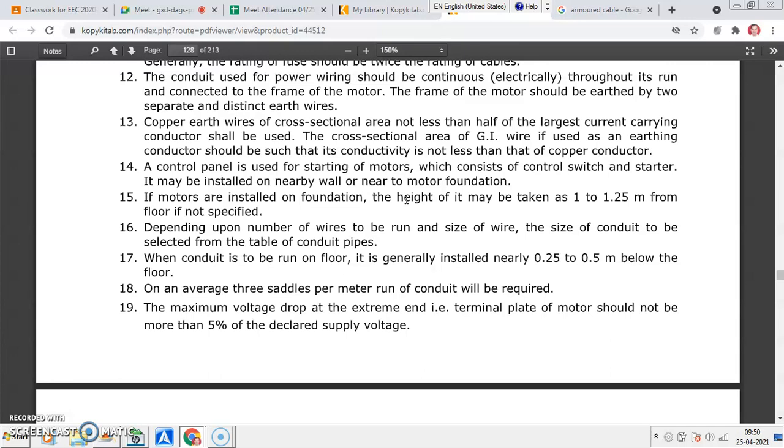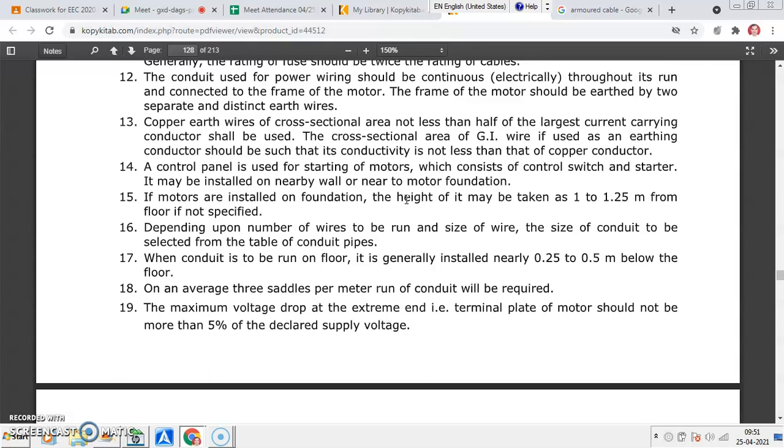Then the conduit running on the floor. Sometimes you have to run the conduit on the floor, particularly for supplying a particular manufacturing bay. So it is generally installed 0.25 to 0.5 meter below the floor, because you have a cable trench or cable channel provided.